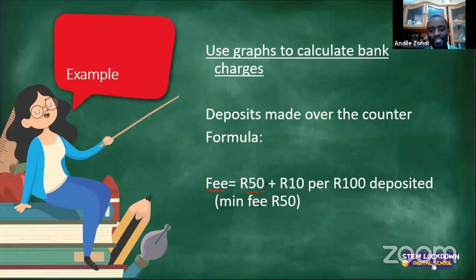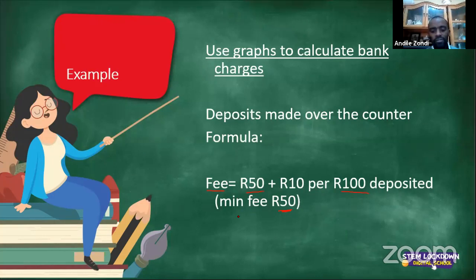So 50 rands plus 10 rand for every 100 rand deposited. Here, minimum fee is 50 rands because that is a fixed charge, right? So I'll use this to obtain values for the table.